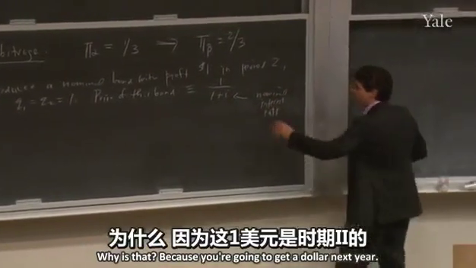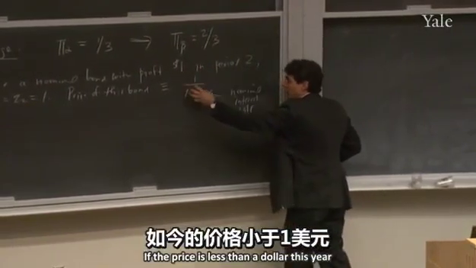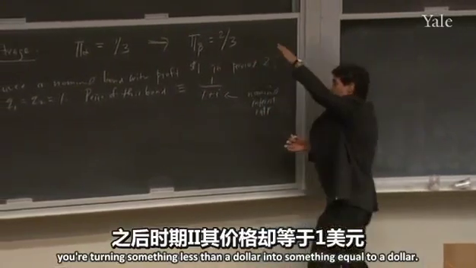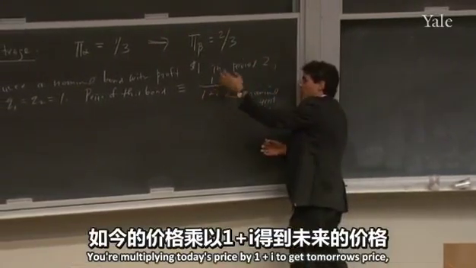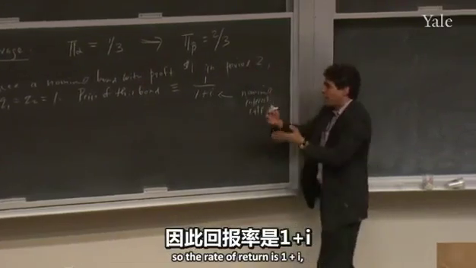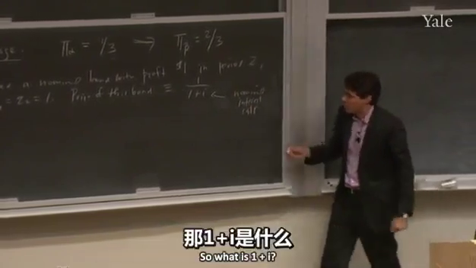Why is that? Because you're going to get $1 next year. If the price is less than $1 this year, you're turning something less than $1 into something equal to $1. You're multiplying today's price by 1 plus I to get tomorrow's price. So the rate of return is 1 plus I, taking whatever you put in today and getting 1 plus I tomorrow. So what is 1 plus I?